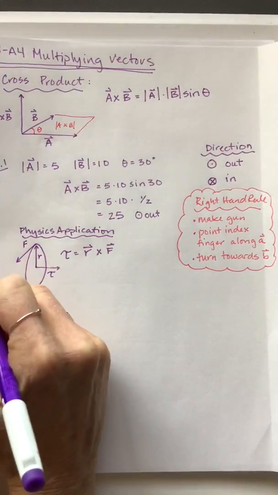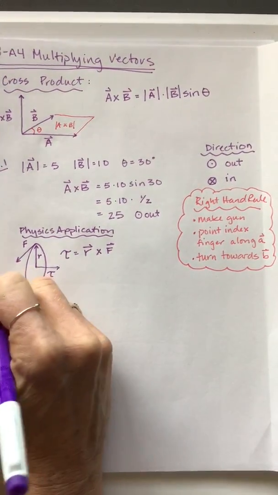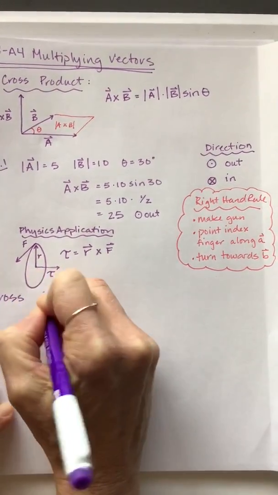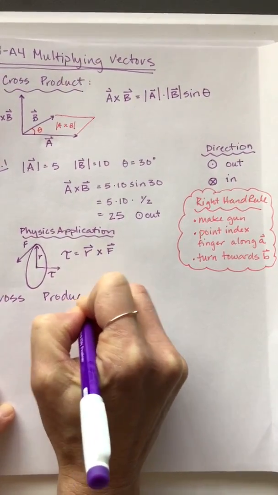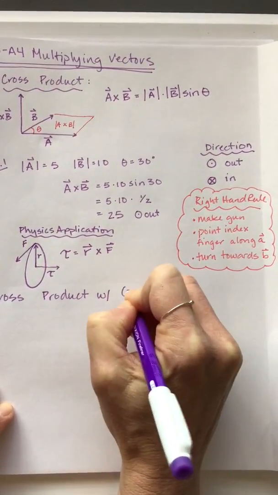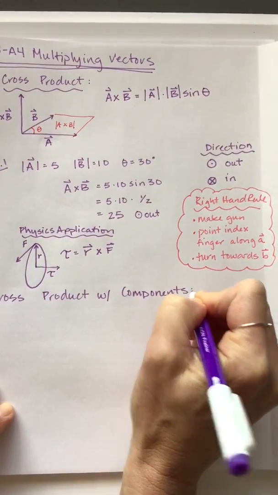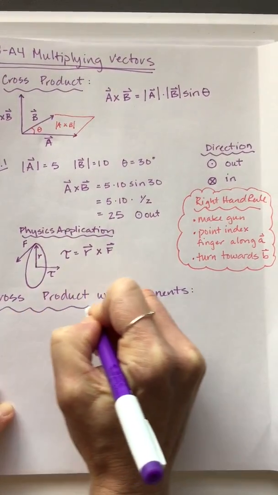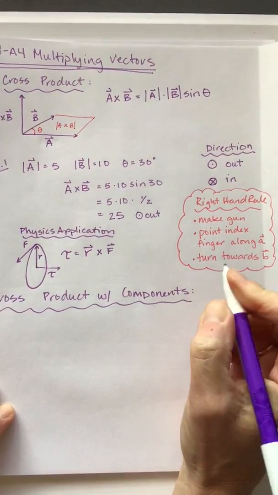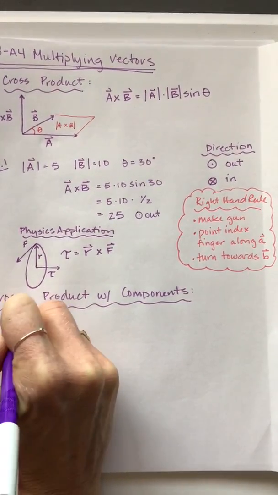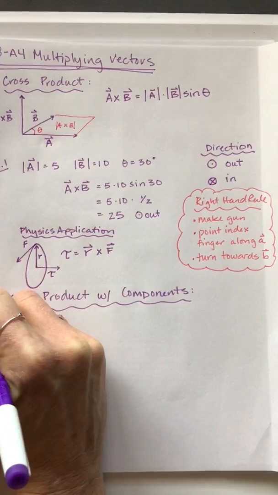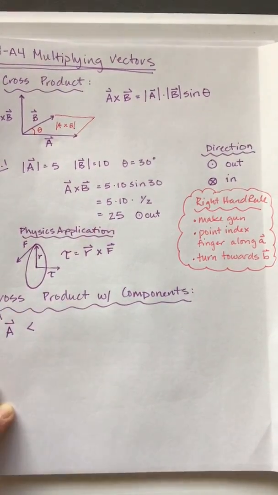So all we're going to do on our homework tonight is cross product with components. And the reason we studied determinants the other day is that's the way we do the cross product. So if we have vector A, and this example 1, can you guys see that?